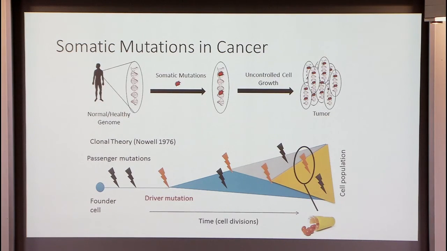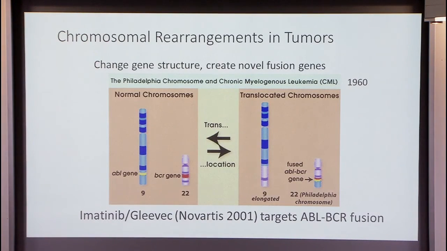Now, what's interesting about this, in addition to the idea of understanding cancer as a process, is that by finding these mutations, we might thereby find potential targets for therapeutics or diagnostics. And the most famous example of that, in fact, also due to Peter Nowell, was the Philadelphia chromosome. One of the first recurrent somatic mutations that was characterized in cancer, essentially the first.